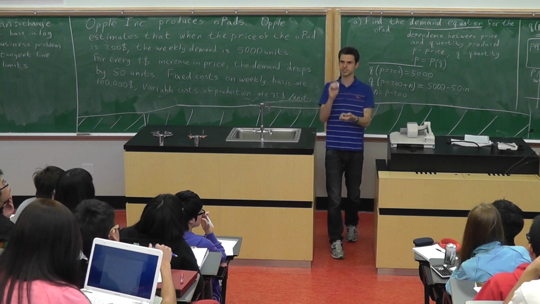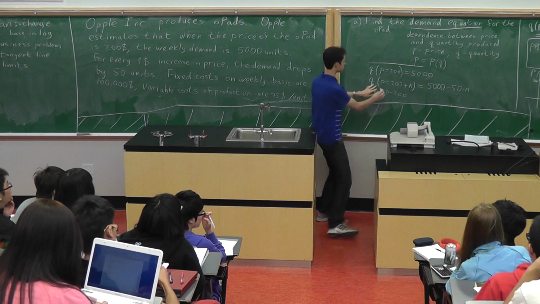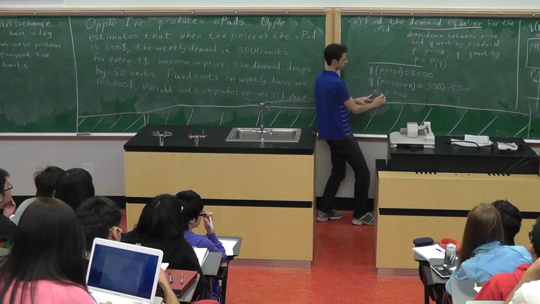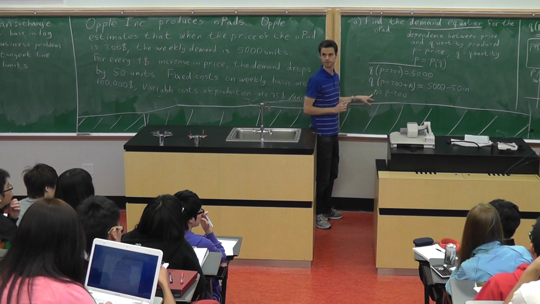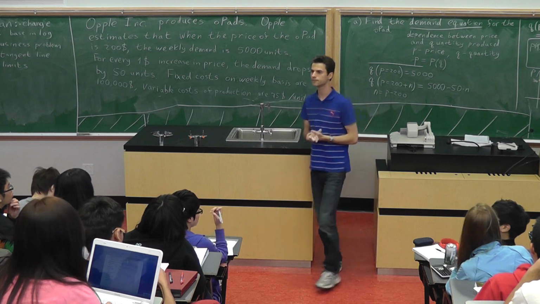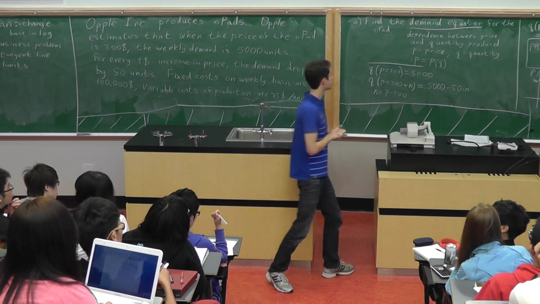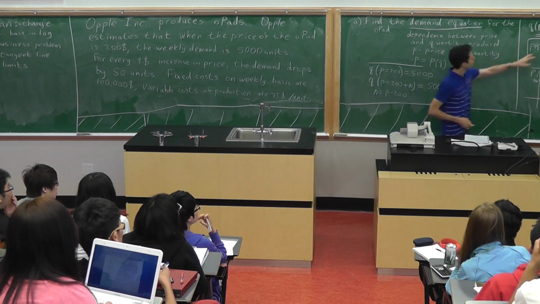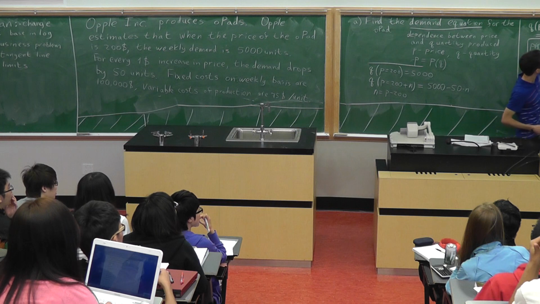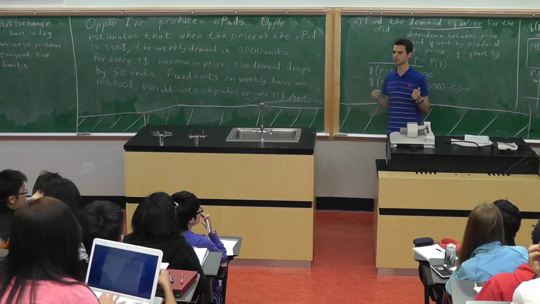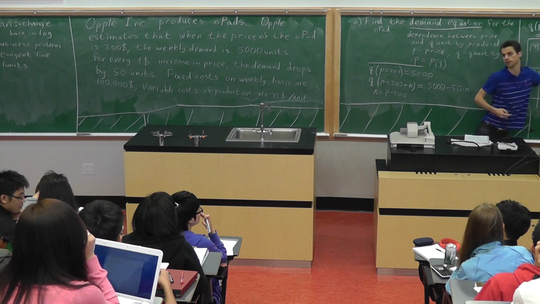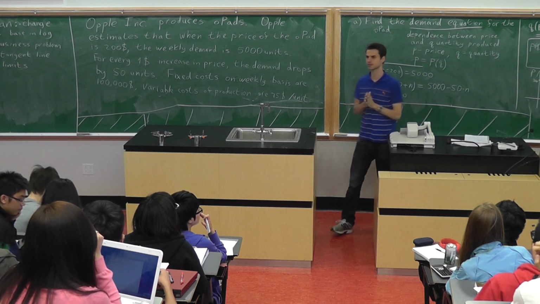It means I want to express n as a function of p. Well, I just solve this for the variable n. So you see, this is the same as this. How do you get 15,000? Well, it's 5,000 minus 50 times 200. 50 times 200 is 10,000, and it comes with a plus sign. So it's just arithmetic.